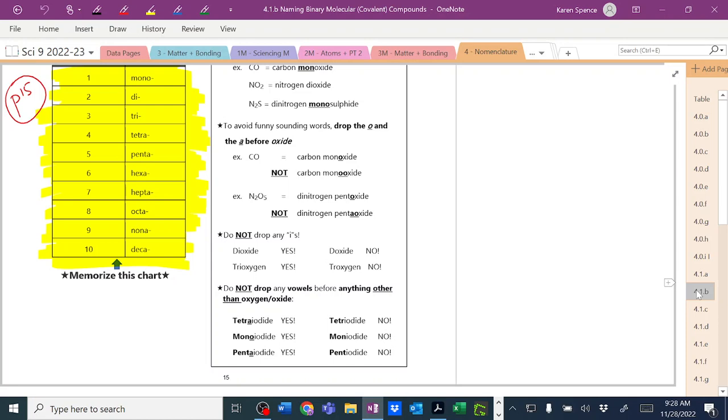You'll write the prefixes like on the back. Oh, just help yourself to wherever your quiz is. You can look for it. You get to keep it.